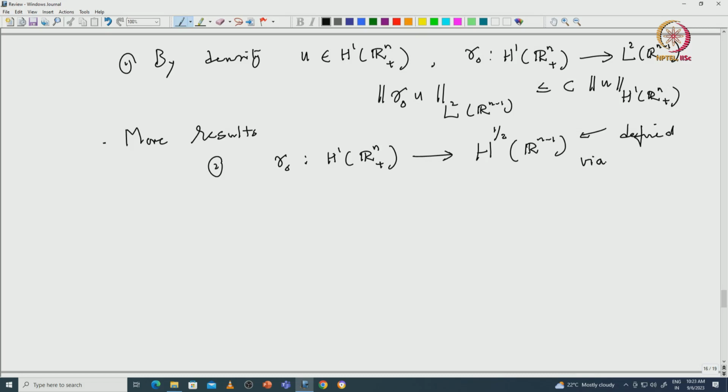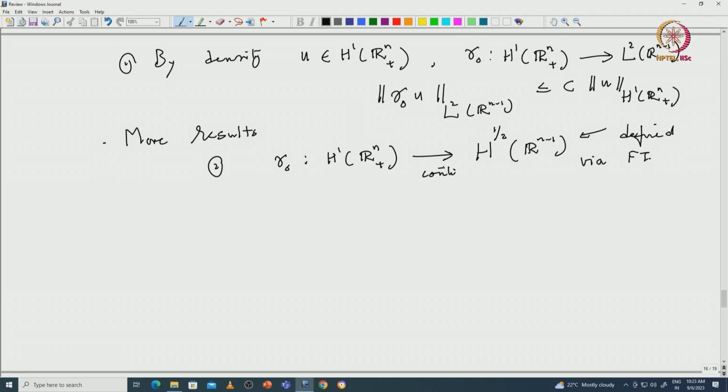But when you have a boundary, I will just give some intuitive ideas on how to define H half of the boundary of omega, and then you can show that gamma naught is continuous with respect to that H half norm.